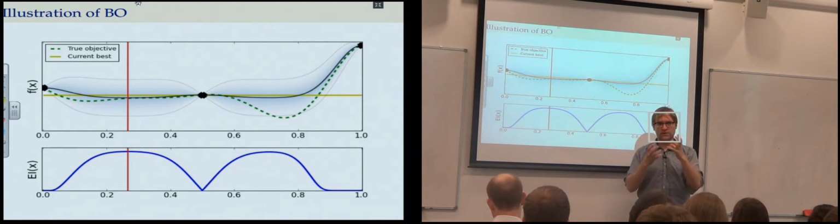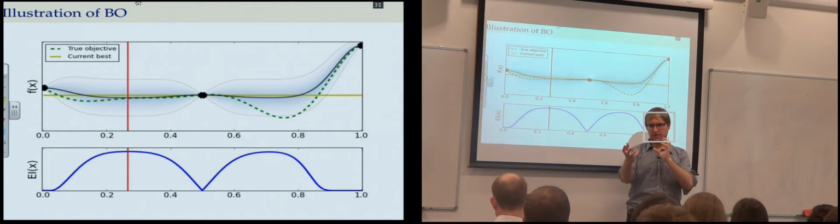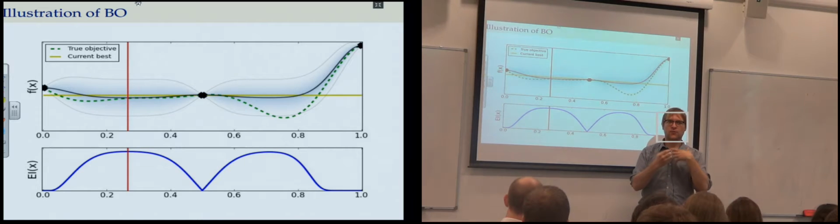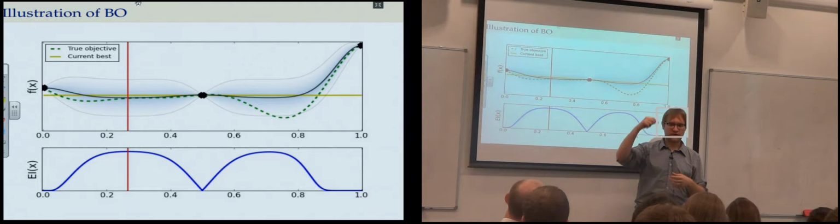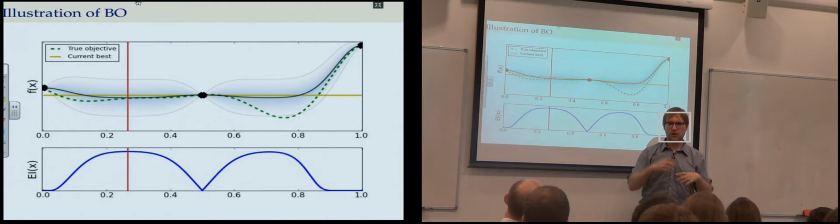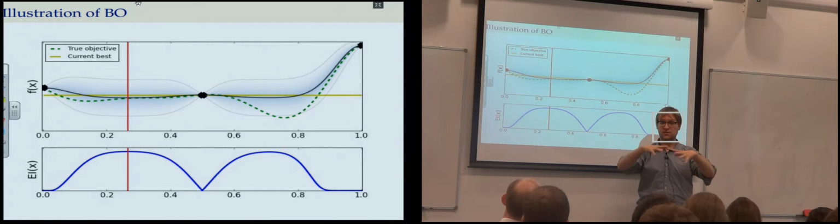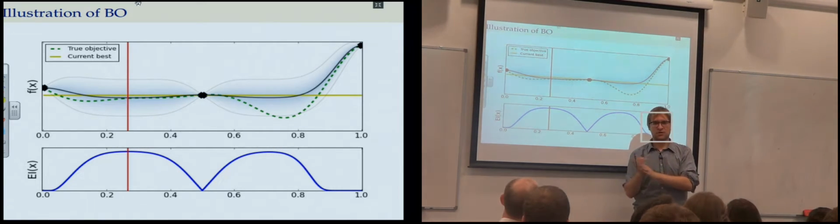So if you compare that acquisition function with what the expected improvement does, if the problem is relatively simple, the expected improvement may do better because it can converge very fast to the optimum while entropy search still explores a bit more. But if your problem is complex, you probably want entropy search.